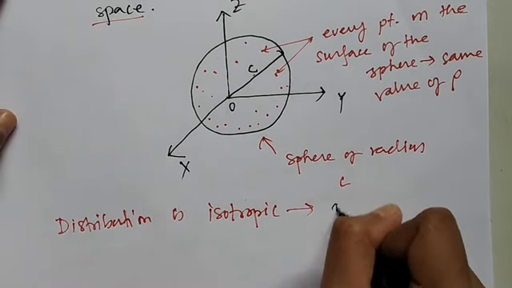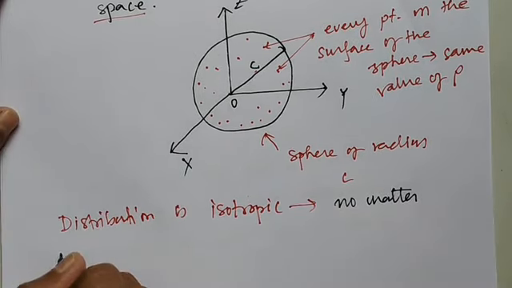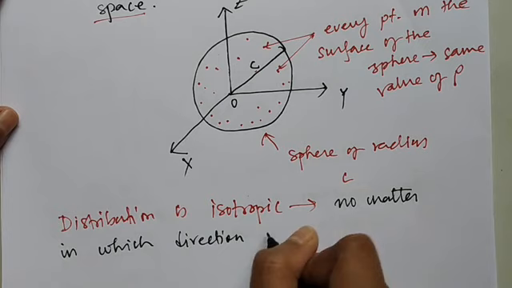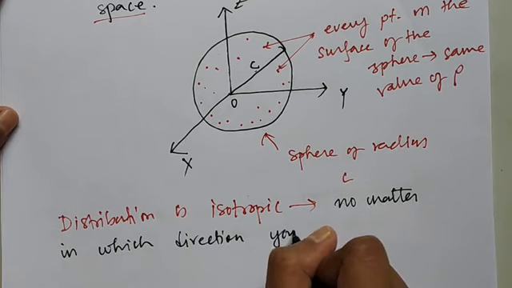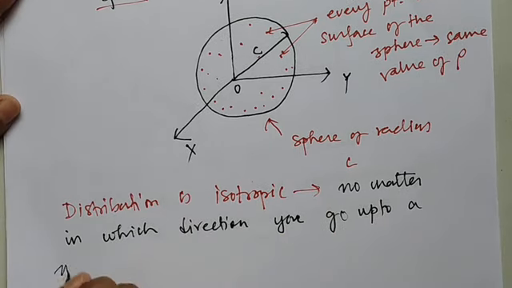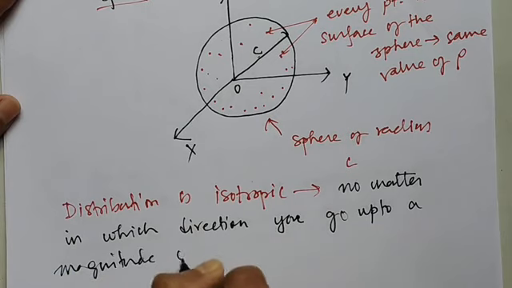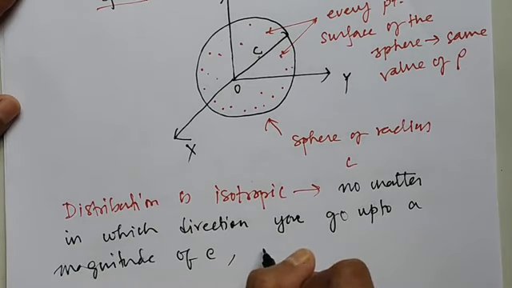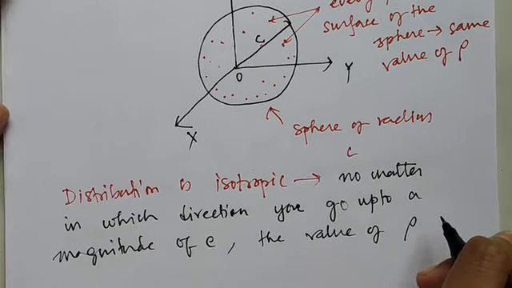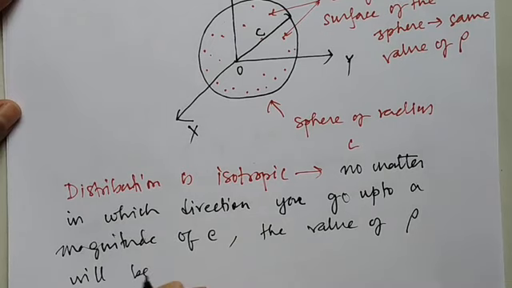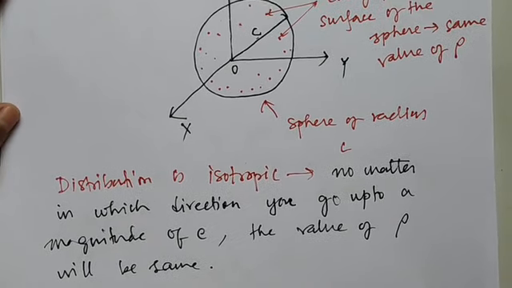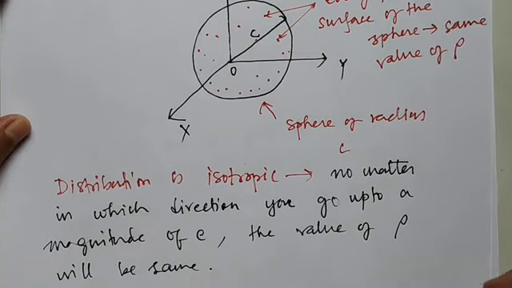It means that no matter in which direction you measure, you go up to a magnitude of c in velocity space, the value of rho, that is the number density of molecules, will be the same. You will find the same value of the molecular number density.